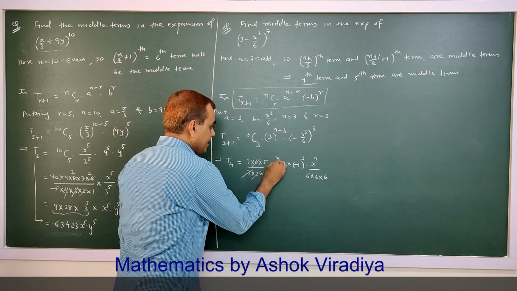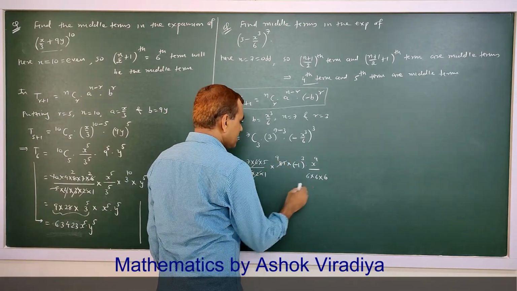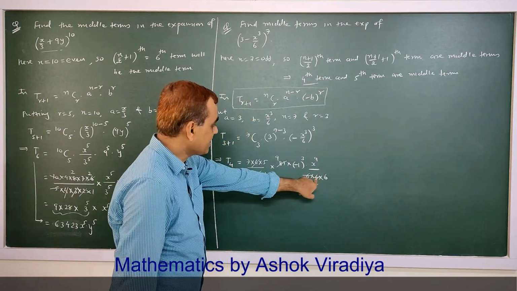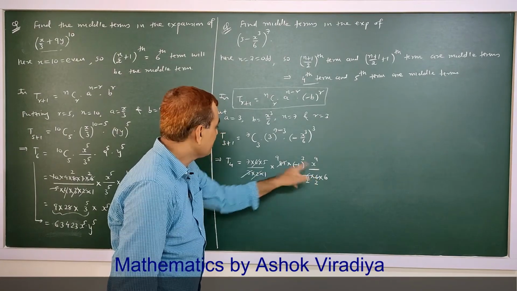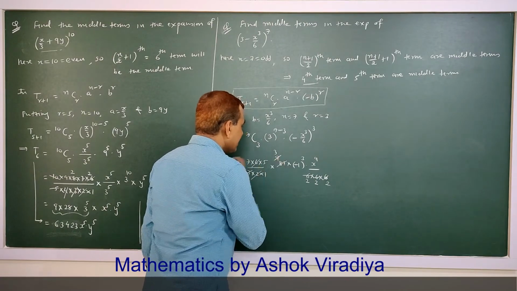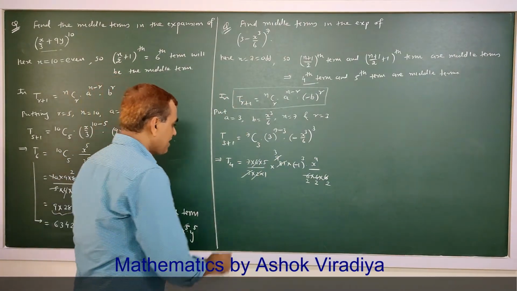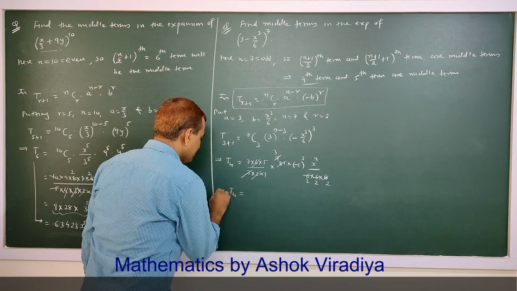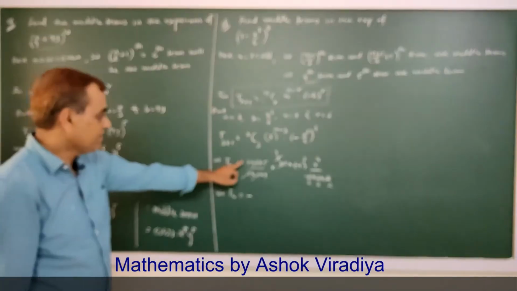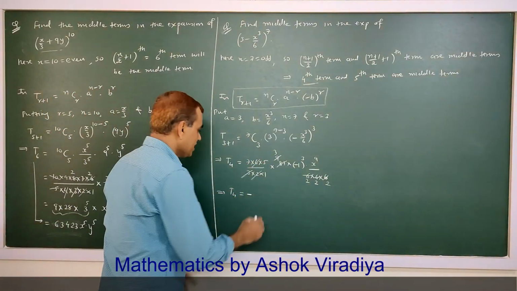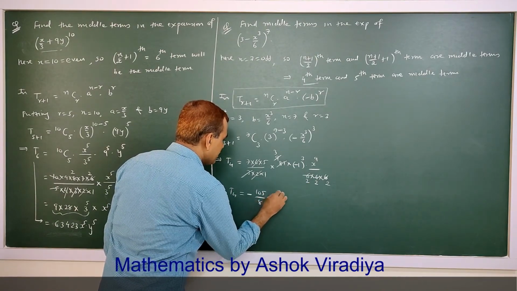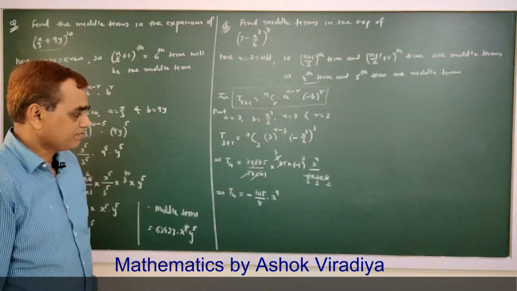Here 9 into 9, 81. Here 2 into 2, 3, 3. So here 9 is cancelled. 2 into 3, 2 into 3. So 9, 9 9s 81. 2 into 3, 6. 3 into 3, 9. So how much is left? The fourth term is minus 1 raised to 3 is minus 1. 7 into 5, 35. 35 into 3, 105 upon 8 into x raised to 9. So this is the fourth term.